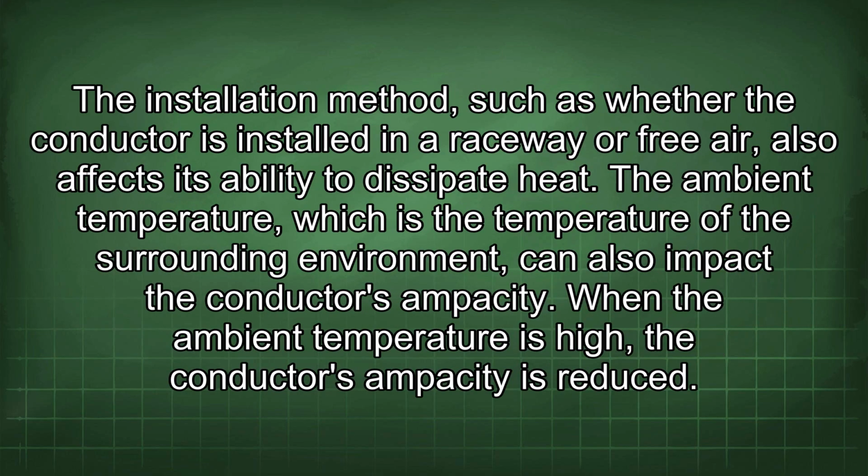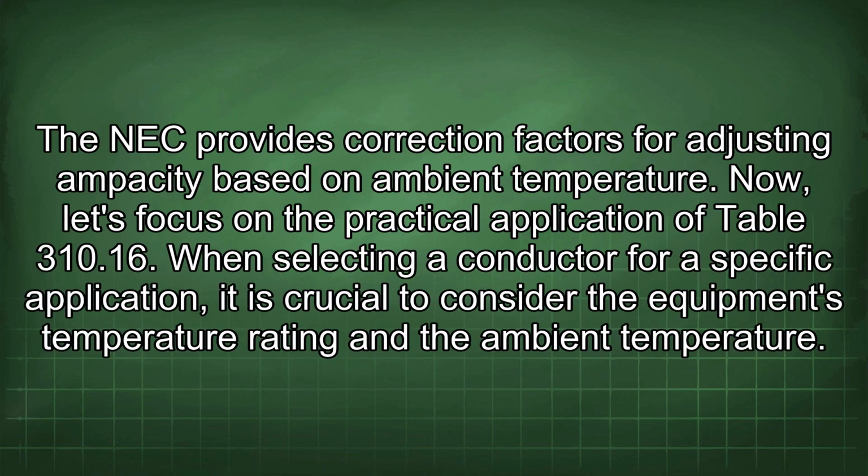The installation method, such as whether the conductor is installed in a raceway or free air, also affects its ability to dissipate heat. The ambient temperature, which is the temperature of the surrounding environment, can also impact the conductor's ampacity. When the ambient temperature is high, the conductor's ampacity is reduced. The NEC provides correction factors for adjusting ampacity based on ambient temperature.